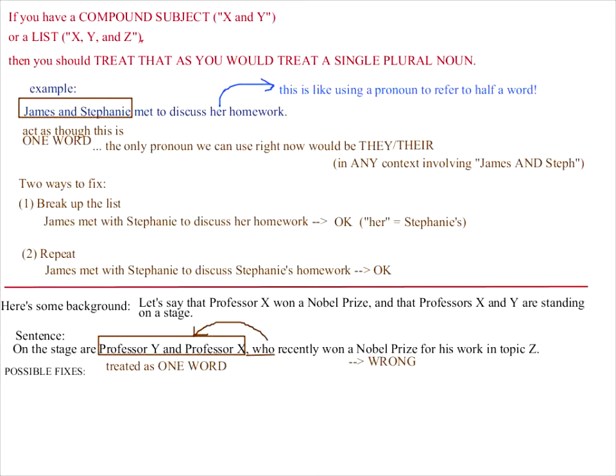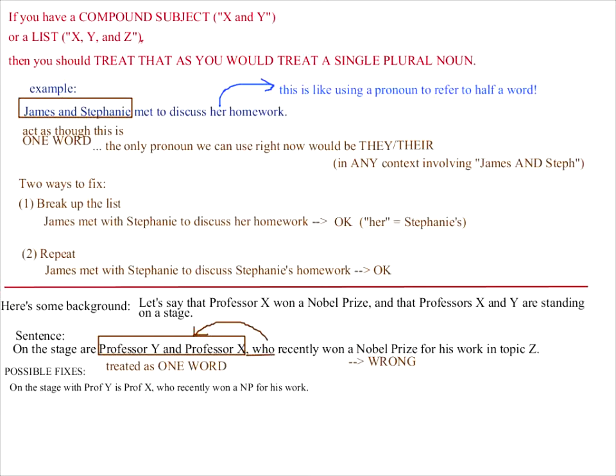One possible fix is: on the stage with Professor Y is Professor X, who recently won a Nobel Prize for his work. That's one possible fix. Another fix is, yes, one of you, Hertanto is the student who put this.